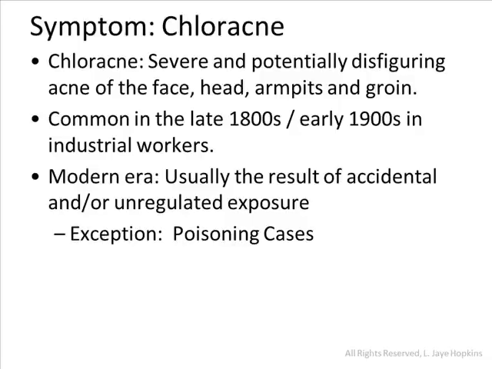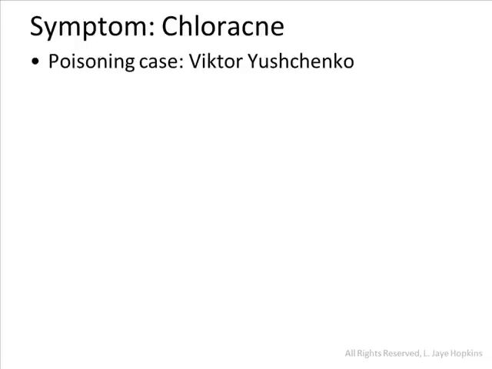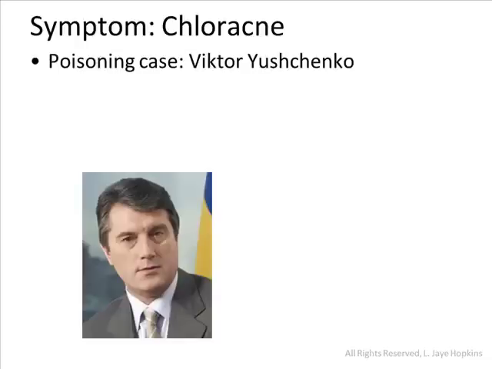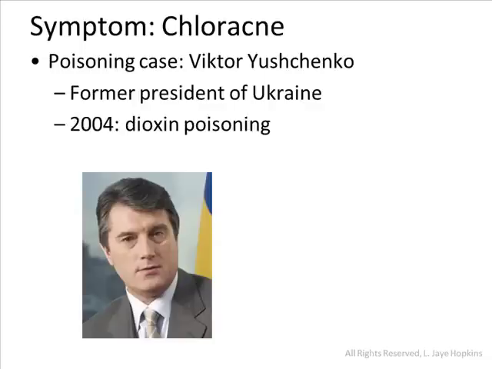Now, this isn't the most common type of poisoning out there by far, but there are some very prolific examples of it, and I actually want to show you one. This is the poisoning case of Viktor Yushchenko. Mr. Yushchenko, who I believe was a pretty good-looking man, is the former president of the Ukraine. Back in 2004, he was running a fairly contentious political campaign, and he experienced dioxin poisoning.